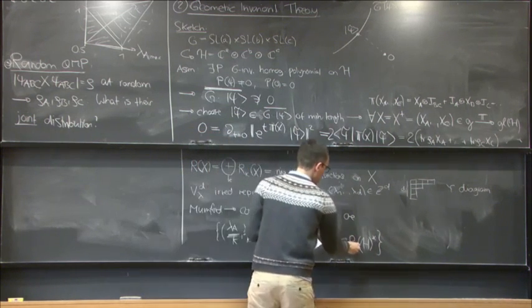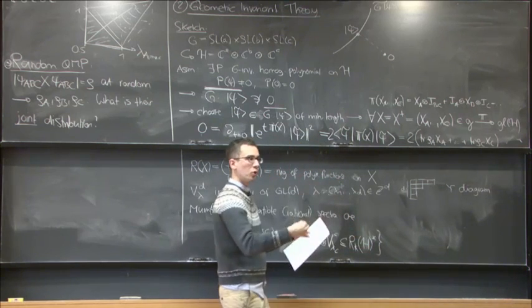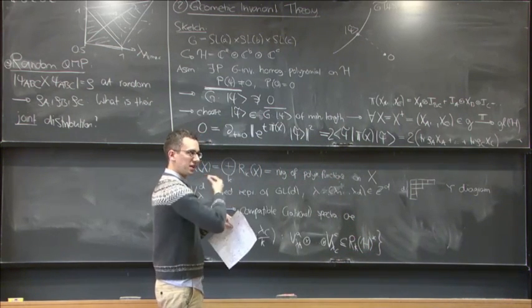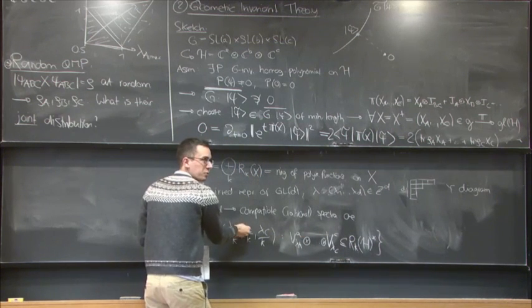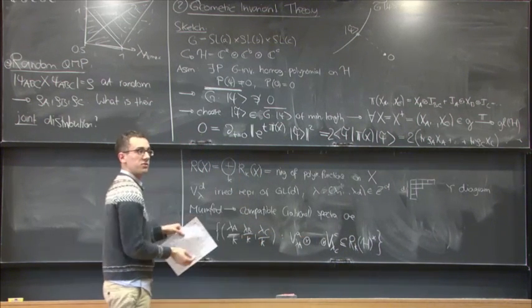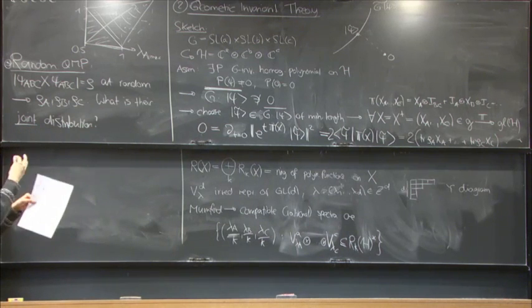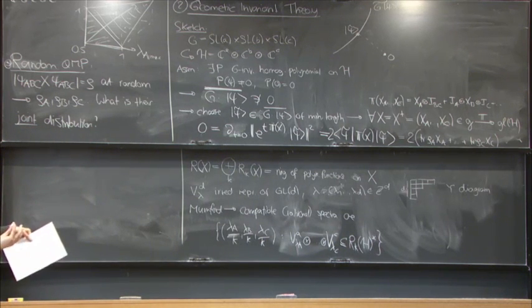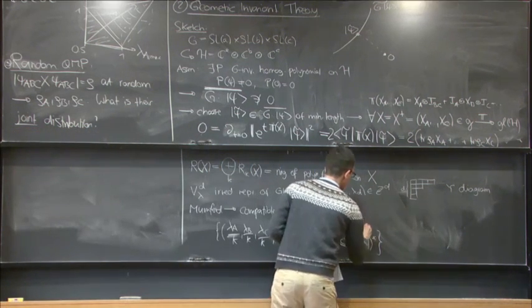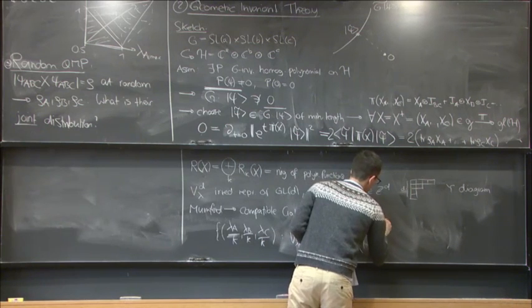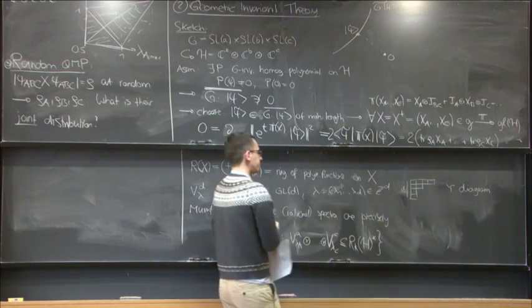Take the degree k polynomials of your Hilbert space, decomposed into irreducible representations. Take the highest weight divided by the degree in which you are. So you get this lambda A over k, lambda B over k, lambda C over k, and these are the triples of compatible spectra for which there exists a pure state. Those are the only ones? Those are the only ones. That's right. Precisely.